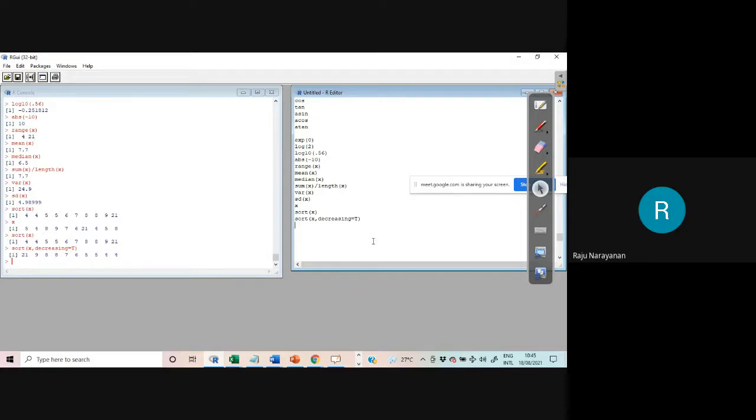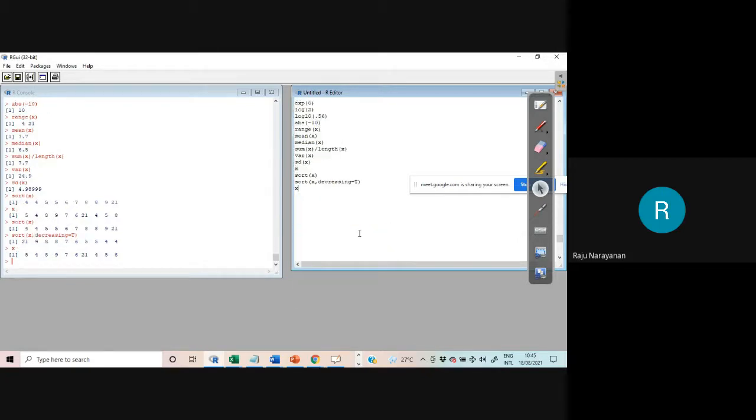And the which function I explained yesterday. Suppose this is our x, and 7 is there as one value. You want to know which x equals 7.